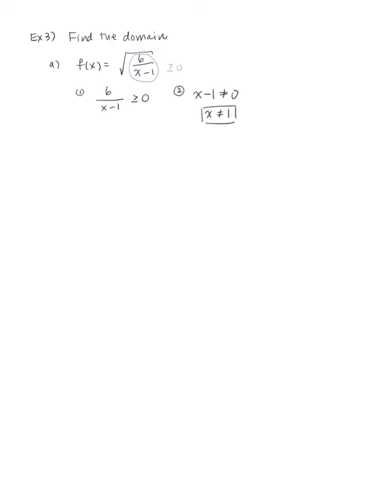All right, now let's look at the first restriction. We have 6 over x minus 1 must be greater or equal to 0. Well, greater or equal to 0 means that 6 over x minus 1 must be positive.